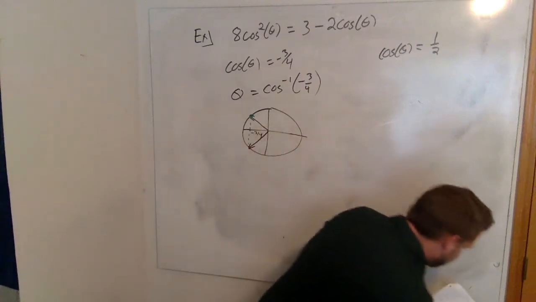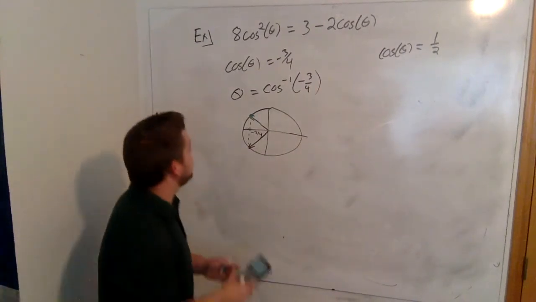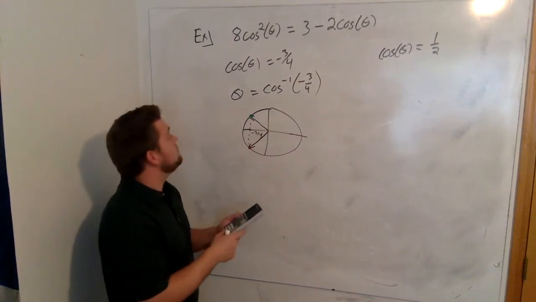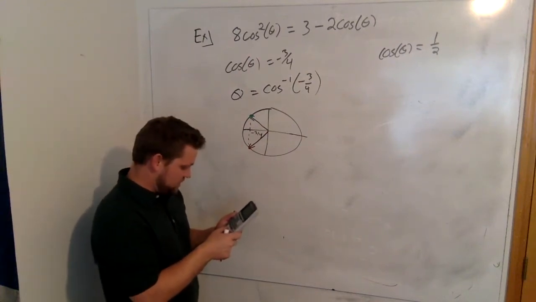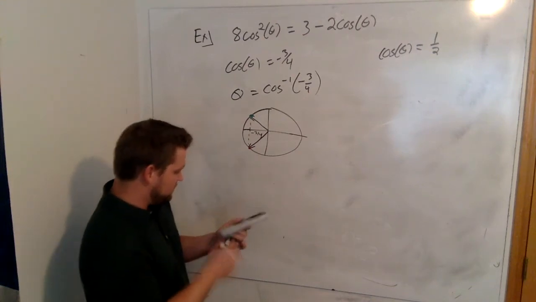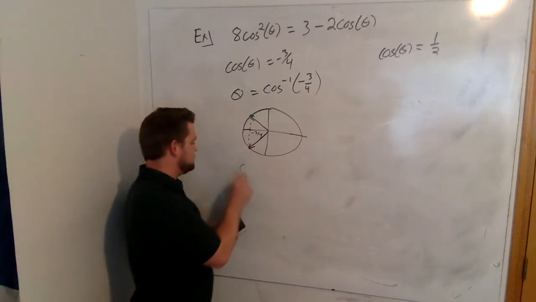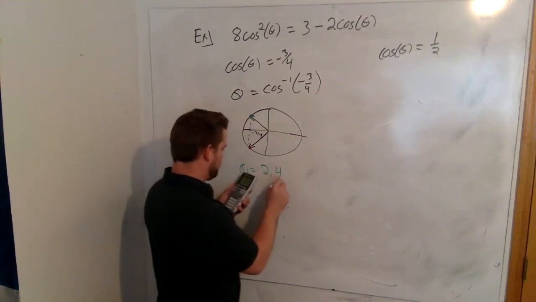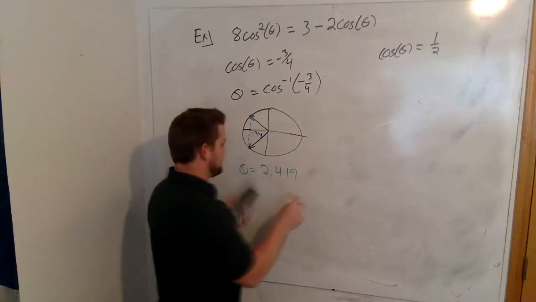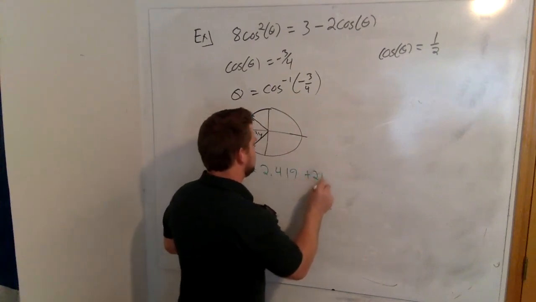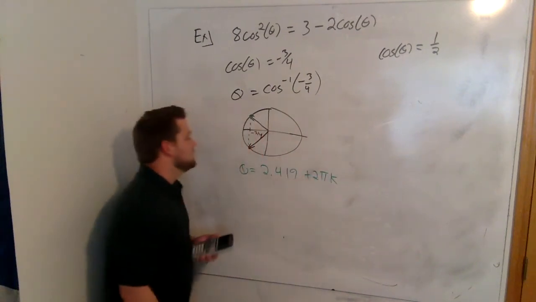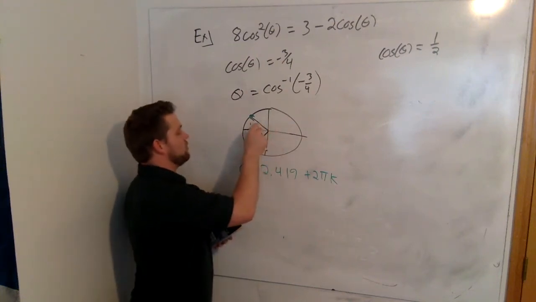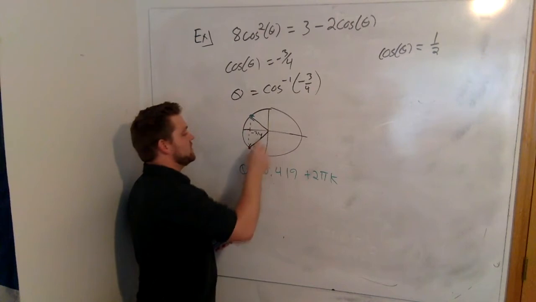Okay, so let's check it out. The cosine inverse of negative 3/4. I'm getting that theta could be equal to 2.419 if we're rounding to 3 decimal places, plus 2 pi k. This is an angle in radians of 2.419, but we could just go backwards to get to this one.